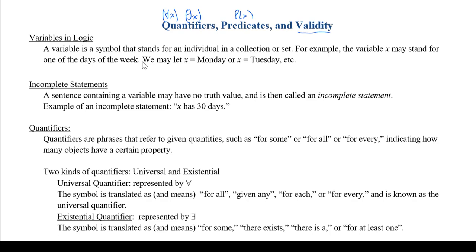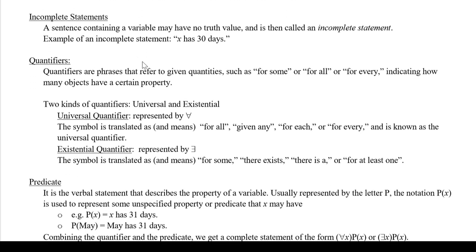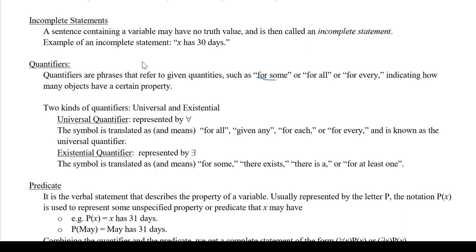Quantifier, and that's maybe something new. What is a quantifier? Quantifiers are phrases that refer to given quantities, such as "for some," "for all," or "for every," indicating how many objects have a certain property.